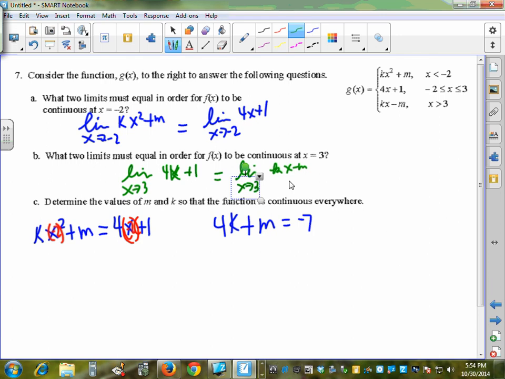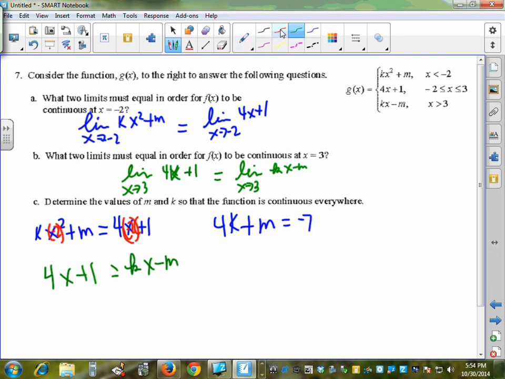So we are going to end up having to solve for x plus 1 equals kx minus m.